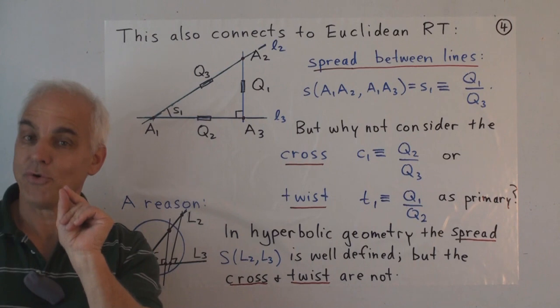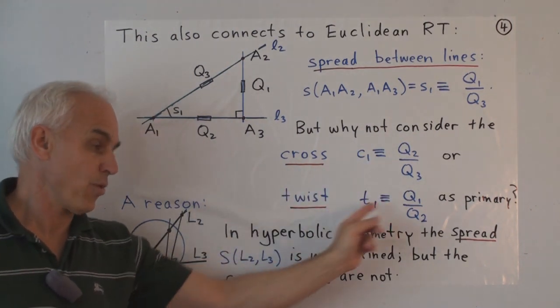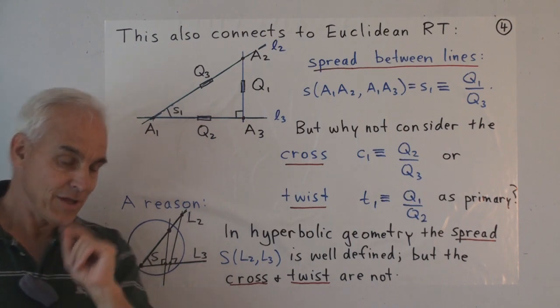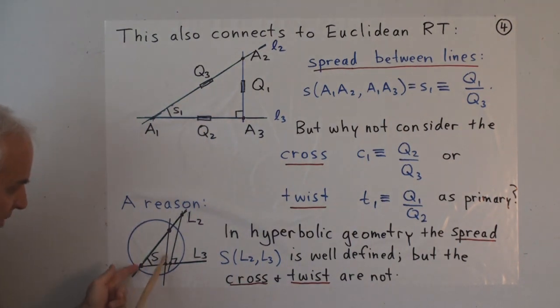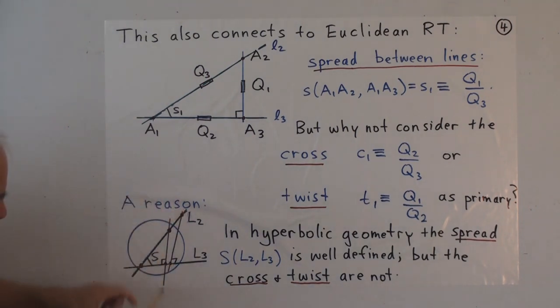But that's not true for the ratios involved in the cross or in the twist. In other words, if you look in this same triangle, the smaller one, and you look at the ratio of this quadrants to this quadrants, that ratio is different from the ratio of this bigger quadrants down here to this bigger quadrants on the hypotenuse. When we go from the smaller triangle to the bigger triangle, that ratio changes.